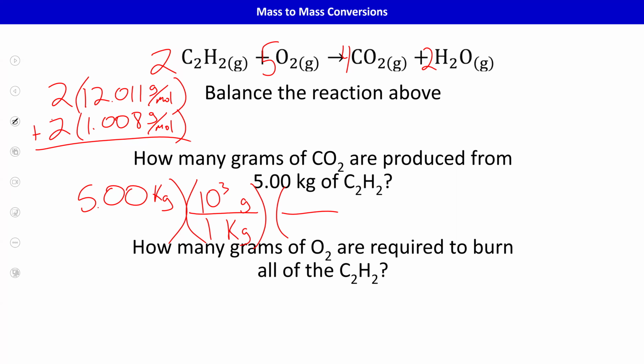So it's going to be 24.022 plus another 2.016, so it'll be 26.038. Kilograms cancels kilograms, grams cancels grams, we're in moles.